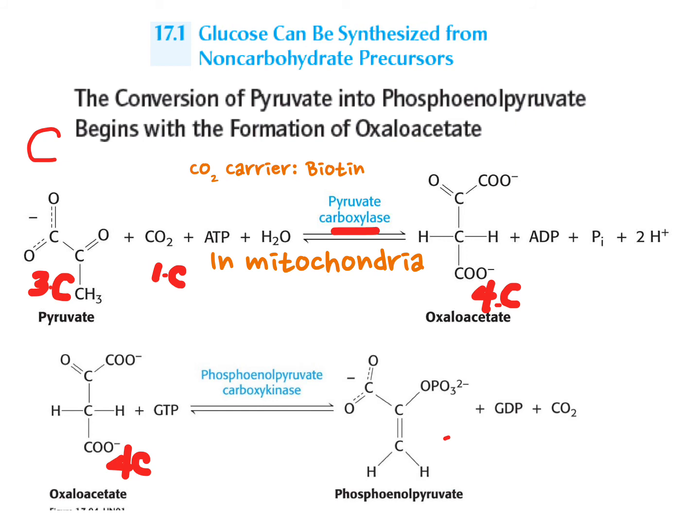This 4-carbon oxaloacetate adds another high energy compound, GTP, in the cytoplasm, catalyzed by phosphoenolpyruvate carboxykinase, meaning it removes 1 carboxyl functional group and turns into the 3-carbon phosphoenolpyruvate and releases 1 carbon dioxide.